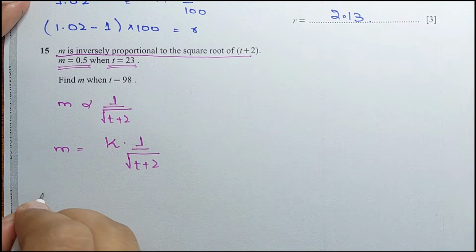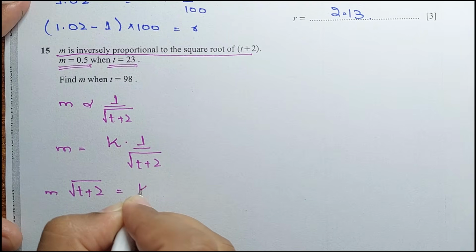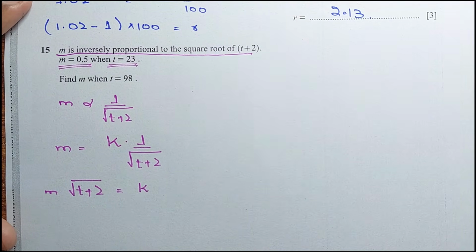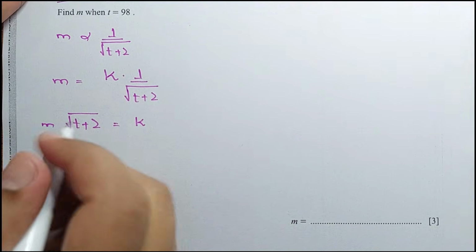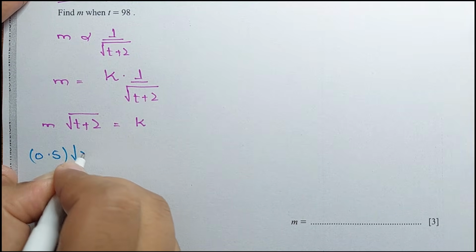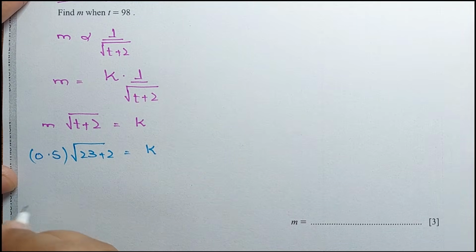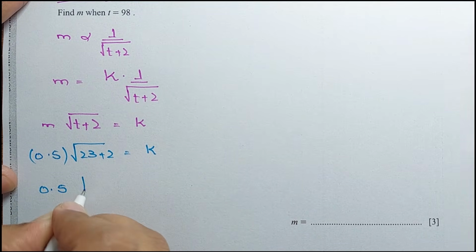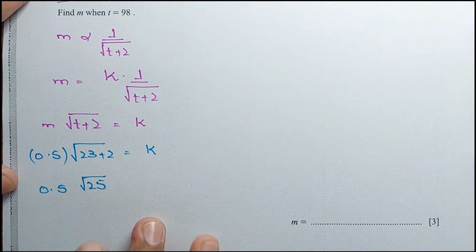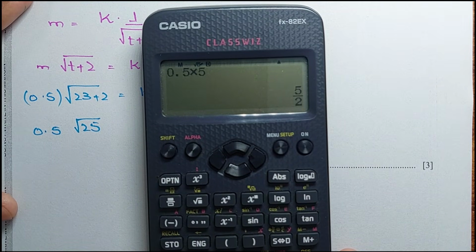Let me solve for k. M into root t plus 2, that is my k value. So when we have the given m value and t value, which is 0.5 and 23 plus 2, this equals k. 0.5, 23 plus 2 is 25 and root 25 is just 5, right? 0.5 times 5 is 5 by 2.